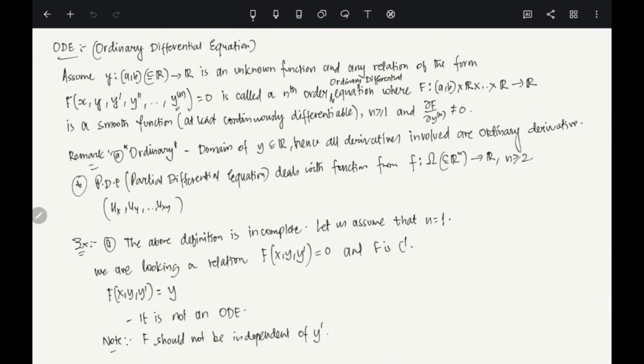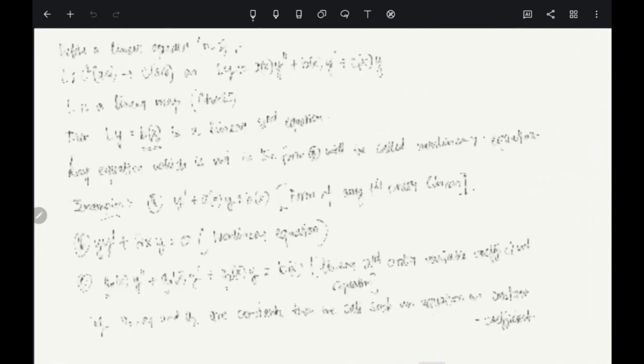For understanding, I will take n equals 2; you can take n equals 1 or 5 also, it doesn't really matter. Given an ODE, it looks like F of x, y, y prime, y double prime equals 0.